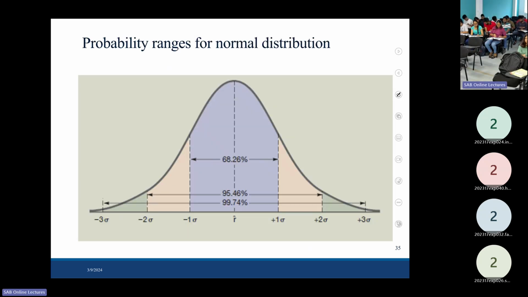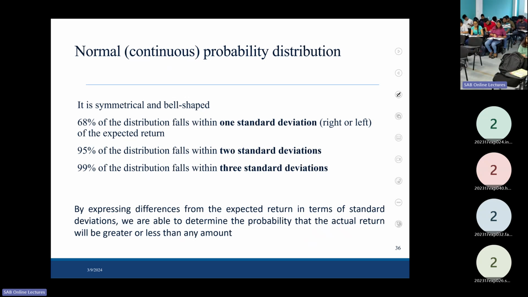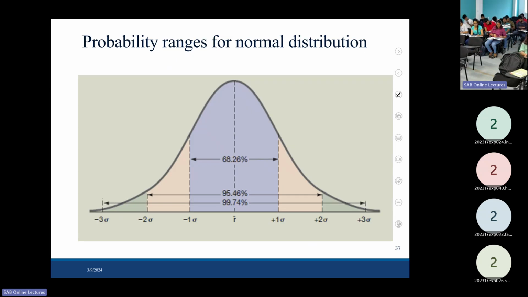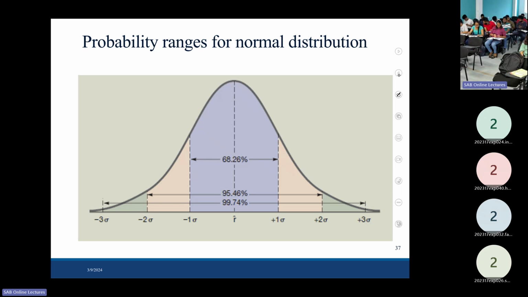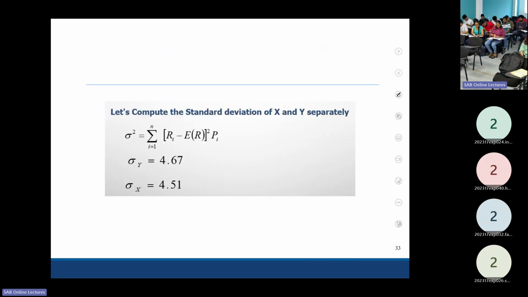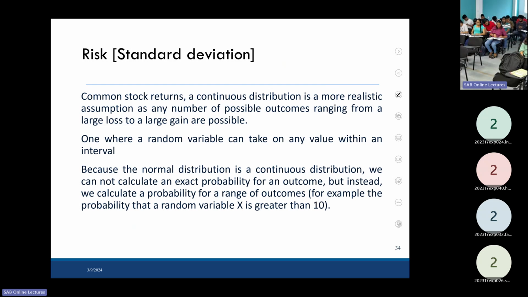Right. So we need to identify one more thing related to standard deviation. I will explain this so you understand it. So we have discussed expected return, average return, standard deviation, coefficient of variation, and covariance. Normally, stock returns are statistically classified as a continuous variable.